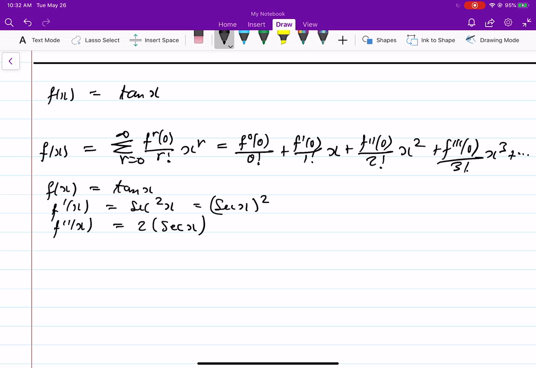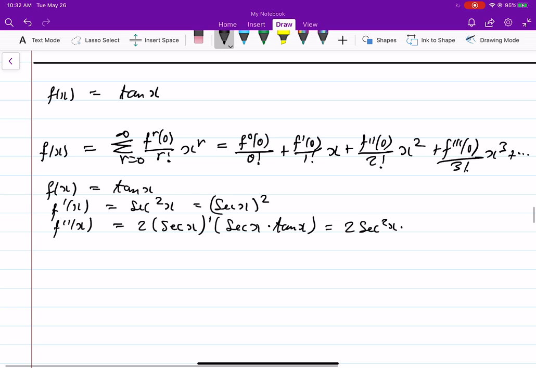I don't think I need to explain in any more detail how to do this; y'all should be experts at differentiation. 2 times sec x to the power 1, and when you differentiate sec x, you get sec x times tan x. This ends up being 2 sec squared x times tan x, like so.